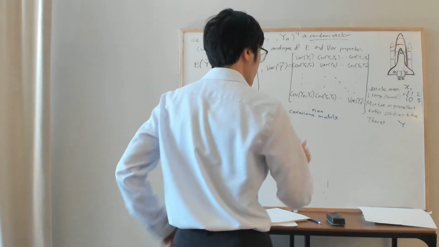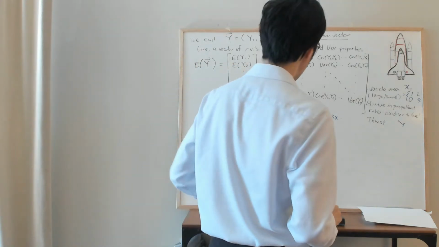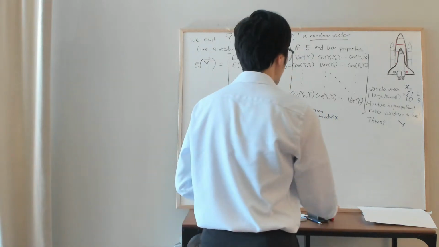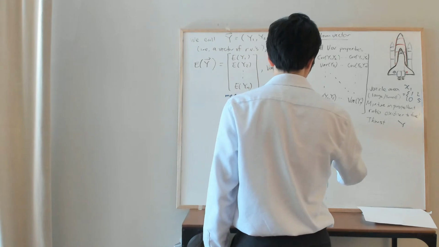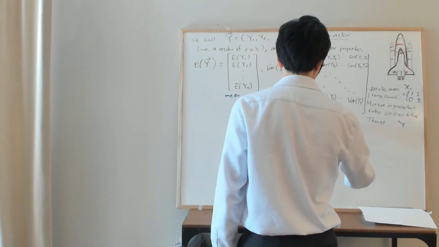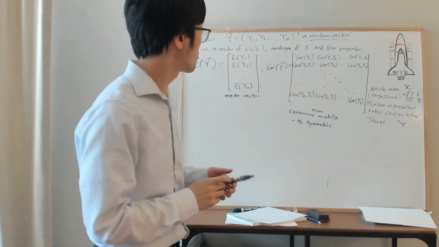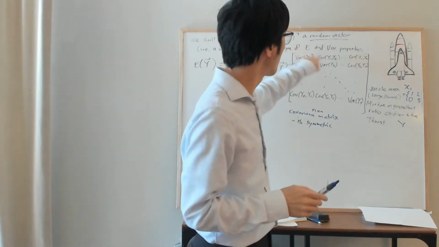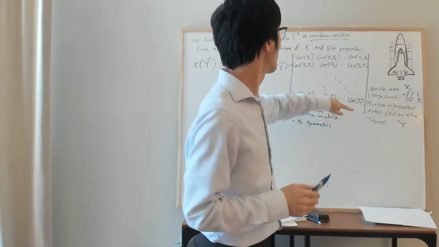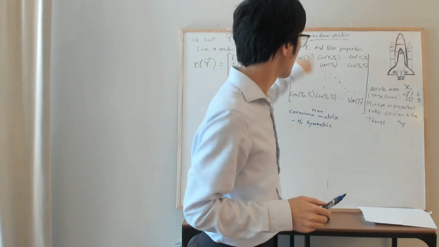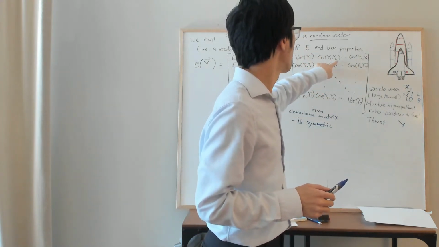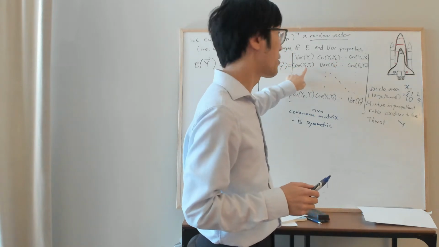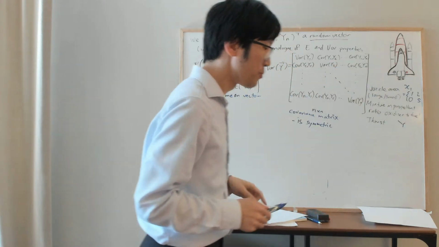What are some of its properties? The first one to note is that it is symmetric. What do we mean by a symmetric matrix? We're saying that it is symmetric over the diagonal. For example, covariance y1, y2 is the same value as covariance y2, y1.